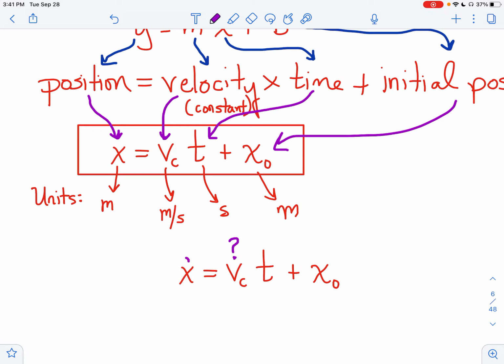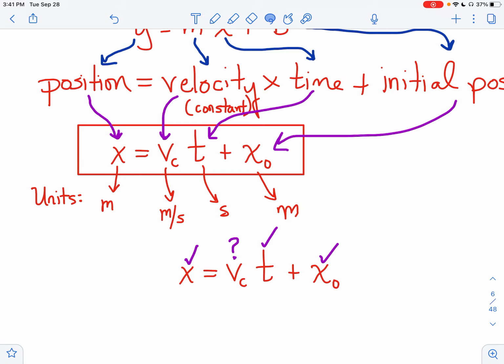We will need to know where it started, we will need to know where it ended, and we will need to know how long it took to go from its starting position to its ending position. We'll plug those values in and it'll give us the velocity.